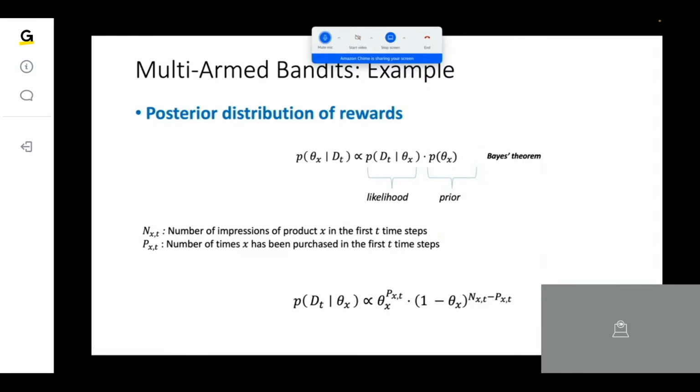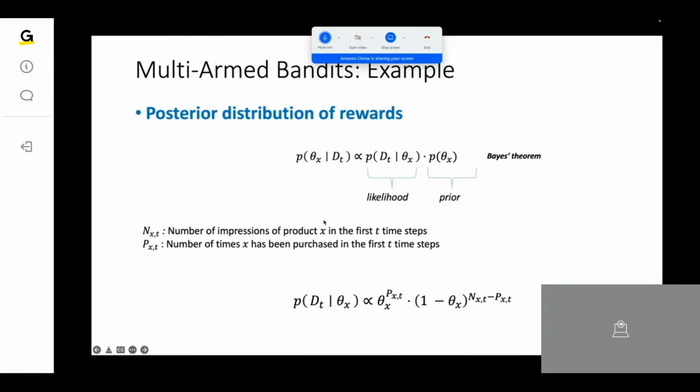Now, what we're going to do is to look at this posterior, which is proportional to the product of likelihood and prior, albeit a normalization term. Now, we'll plug in the expression for likelihood and prior individually, and we'll see how our choice of prior is actually helping us to simplify this calculation.